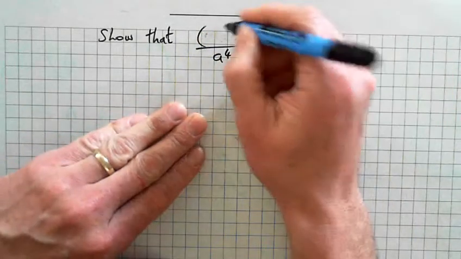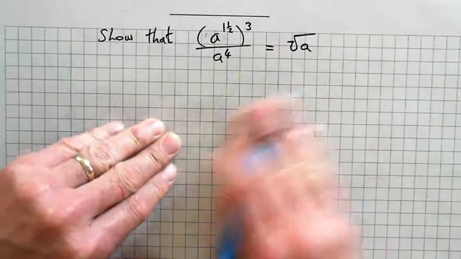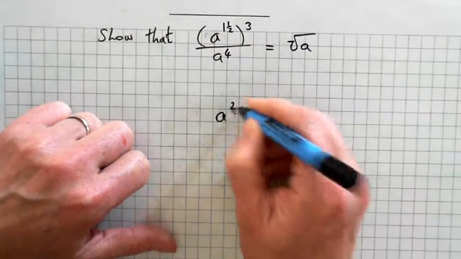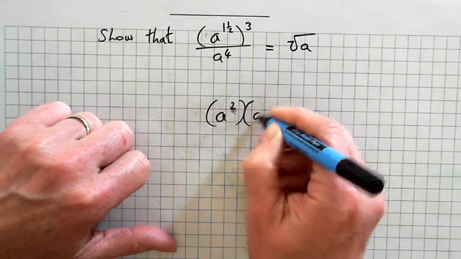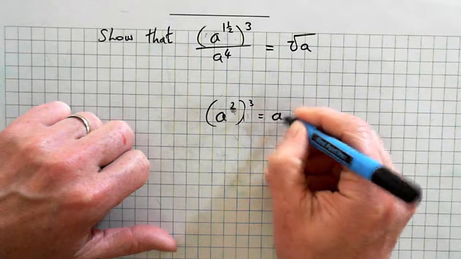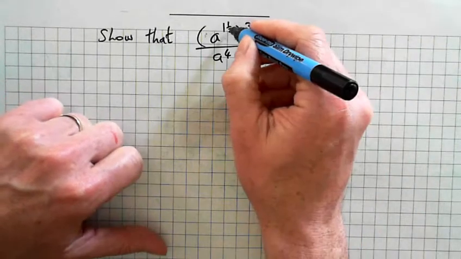Okay, so I'm going to replace this. We did a sum earlier where 8 to the 2, to the power of 3, is 8 to the 6, the answer. So you multiply 2 times 3. What do you do here?